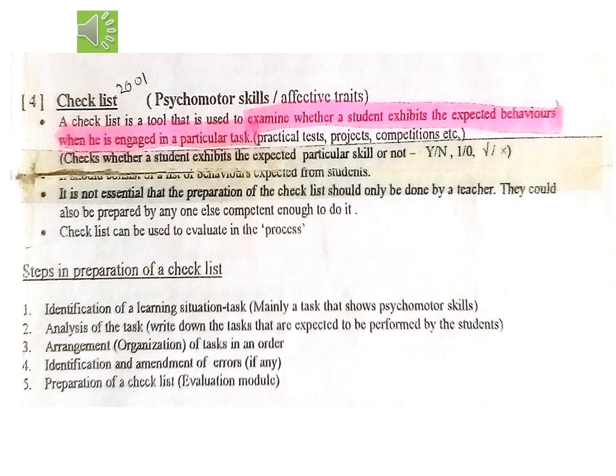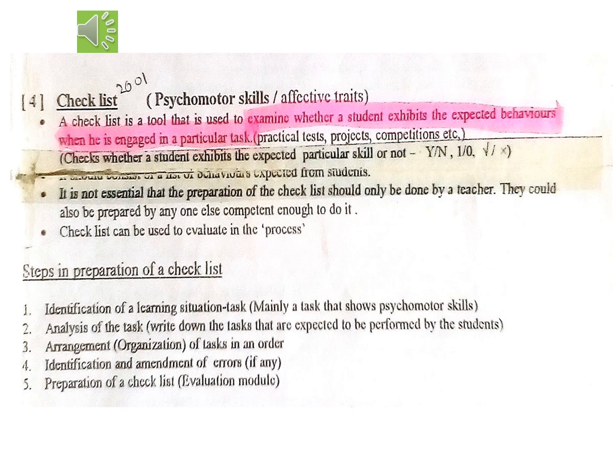It is not essential that the preparation of the checklist should only be done by the teacher. Even the students within the groups can prepare a checklist. It could also be prepared by anyone else competent enough to do it. Not only the teacher, others also can do it, but they should be competent enough to prepare the list.